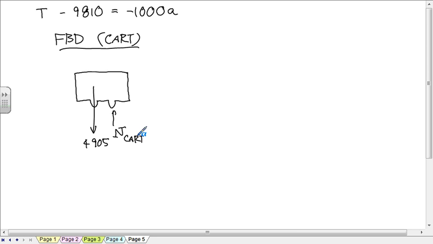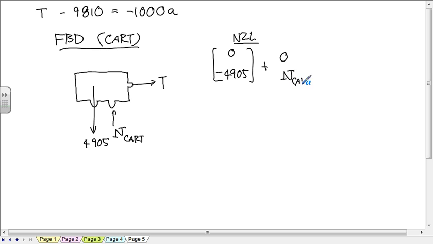And the only other place that there's contact is the cable. So that's a force, and since it's all one cable going over that pulley, that has to be the same value T. And now Newton's second law says 0, negative 4905 plus 0 N cart plus T 0 is equal to the mass, 500, times the acceleration vector.